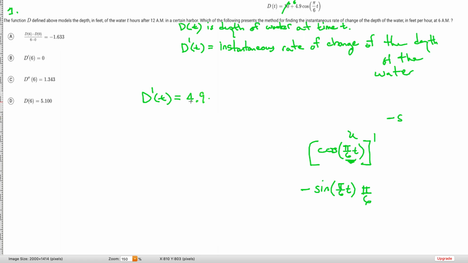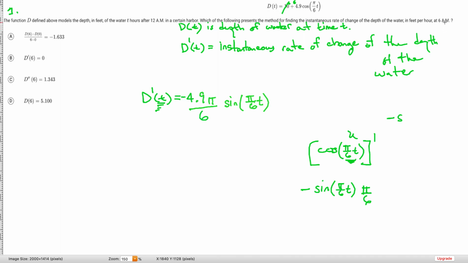Now I'm going to put all of that in the front over here. So I'm going to get negative 4.9 pi over 6 times sine of pi over 6 times t. And this is going to represent the instantaneous rate of change of the depth of the water at any time t.